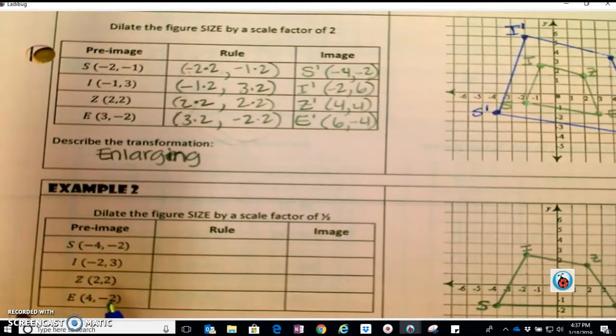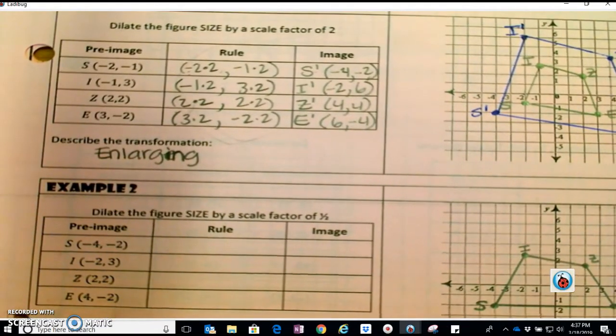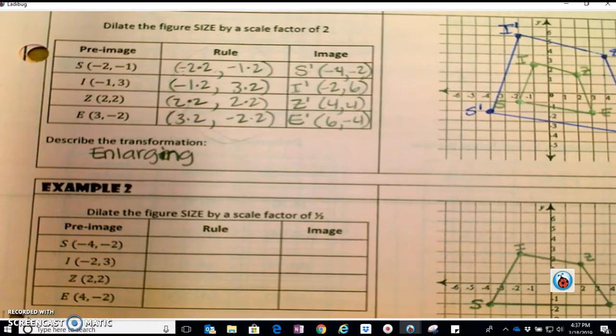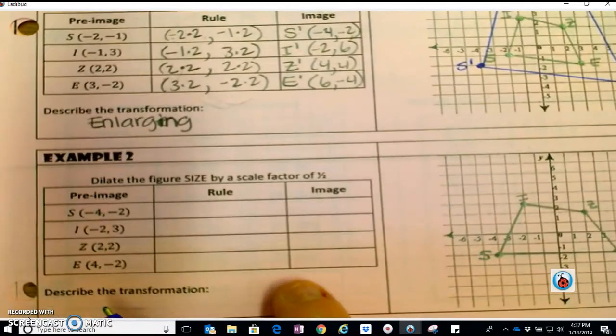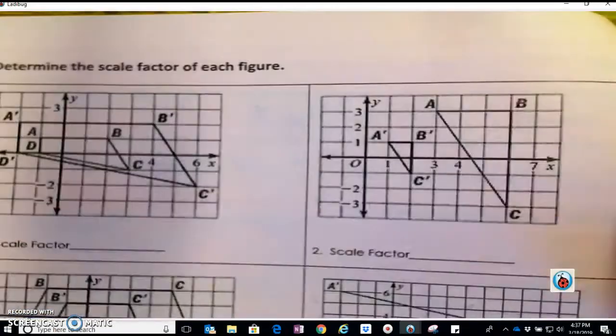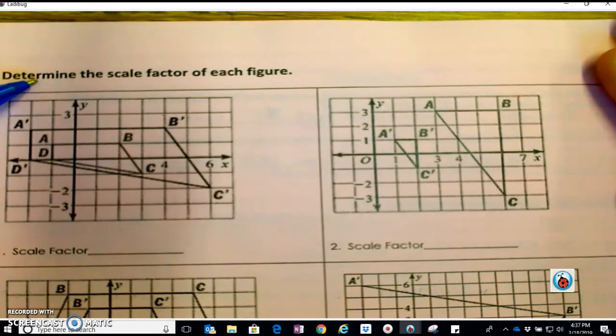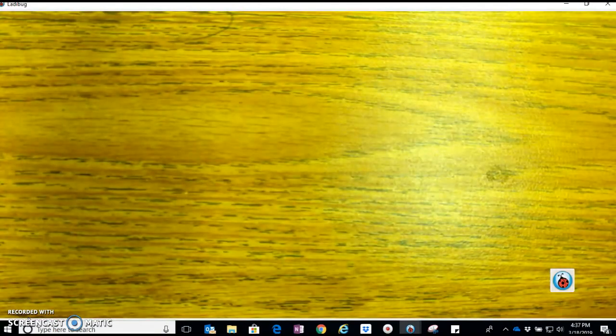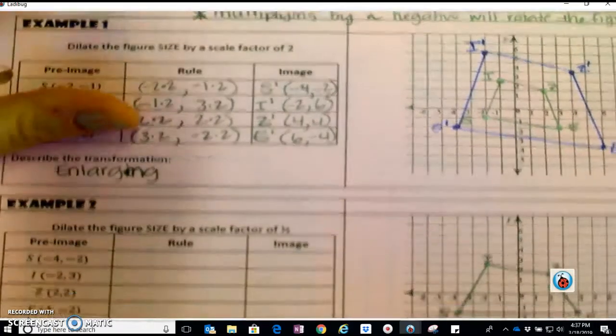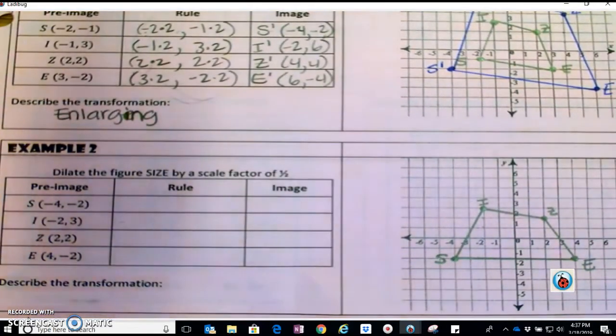And then when you're ready, you can unpause the video, check your image, check your new coordinates and how you described it. So we can check in there. And then we'll do a couple practice. Now, the ones on the back are just saying determine the scale factor. And I'll go through those in just a second. Alrighty, so pause the video and let's check back in just a minute to see how you did with example 2.